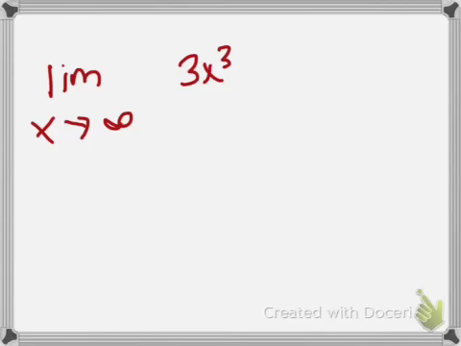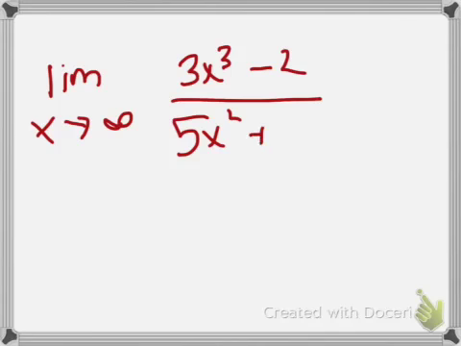Alright, the limit as x approaches positive infinity of 3x cubed minus 2 over 5x squared plus x plus 4. Well, if you look at this one, you can tell that it is top heavy.